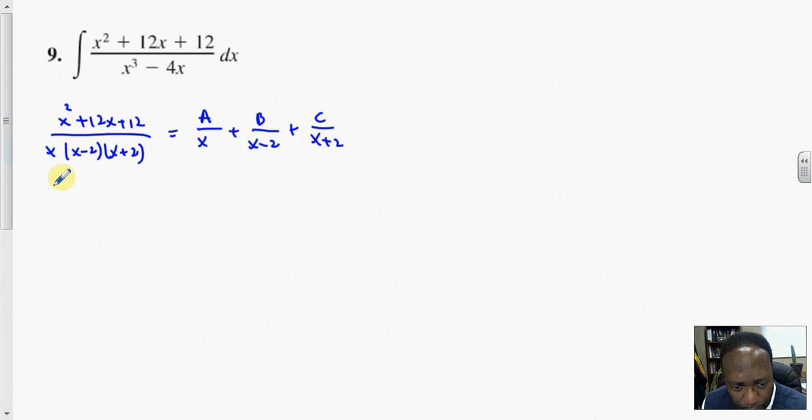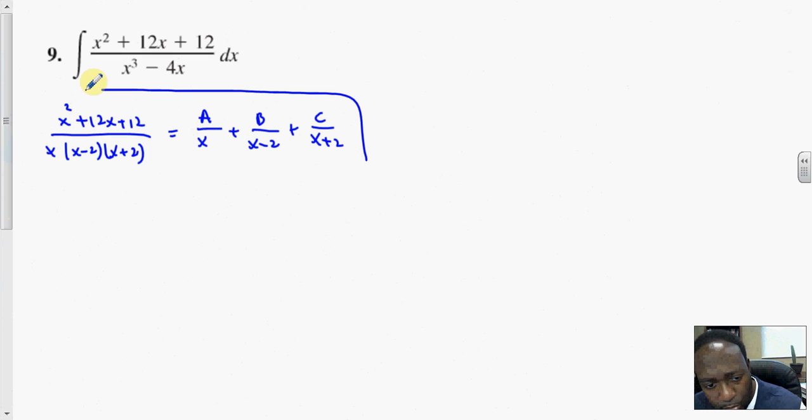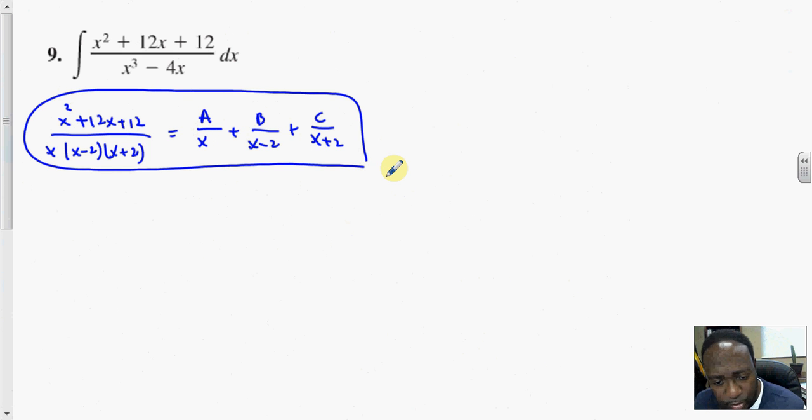So here, take this expression, multiply both sides by the LCD, and what that gives us then is this. The numerator for the left side is x squared plus 12x plus 12. That's equal to a times, multiplying both sides by the LCD, that's x times x minus 2 times x plus 2. Then multiply this fraction by that LCD.